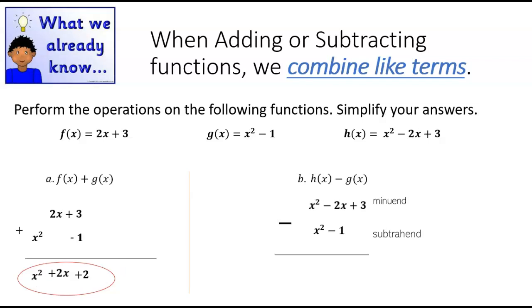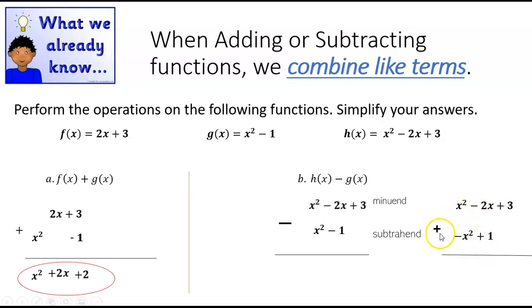When subtracting polynomials, we will keep the minuend, and then we will change the sign of all the terms in the subtrahend, and then proceed to addition. So x squared minus 1 will be changed to negative x squared plus 1, and then we proceed to addition.